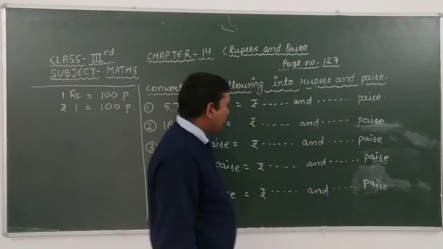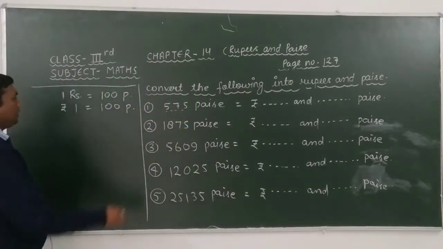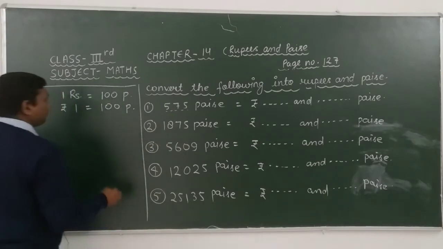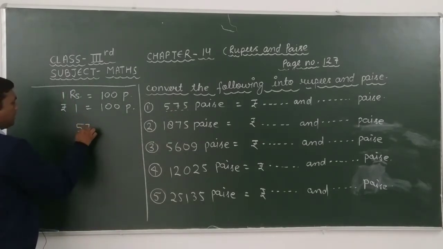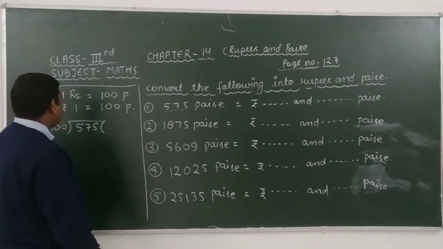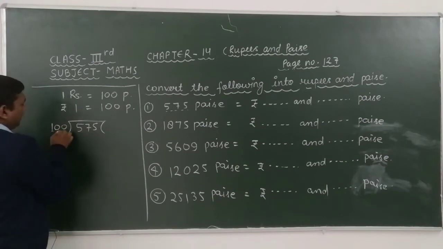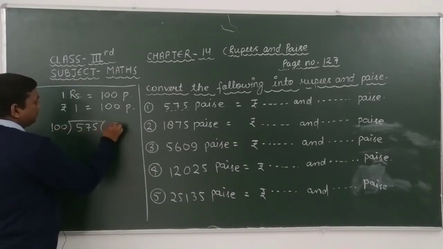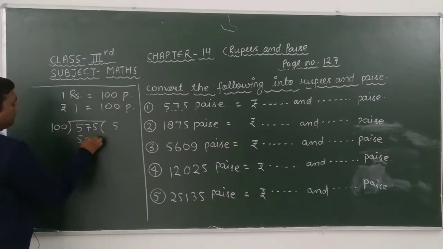Look at here carefully. Here we have to take the division of 575 by 100. Recall the table of 100: 100 fives are 500.